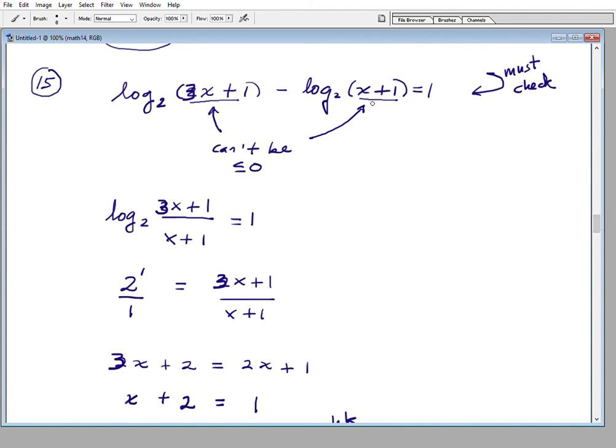And we see it does make this 0. x can't equal minus 1 because then x plus 1 would be equal to 0, and log base 2 of 0 doesn't exist. We need only positive in here, not 0, not negative. Okay, so no solution for this one. So you just have to make sure that these both come out to be positive. Otherwise, it's no solution.